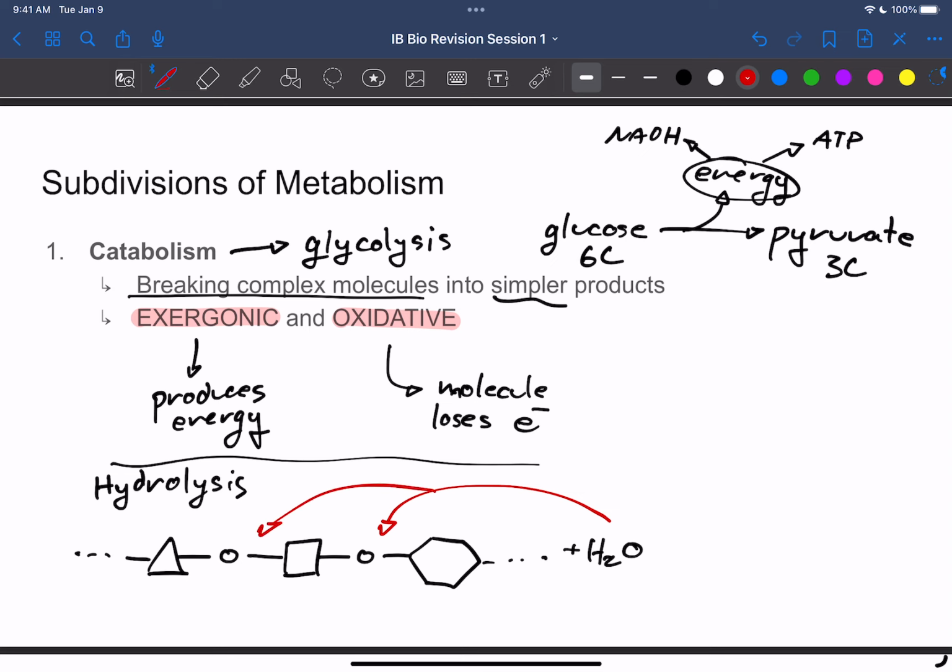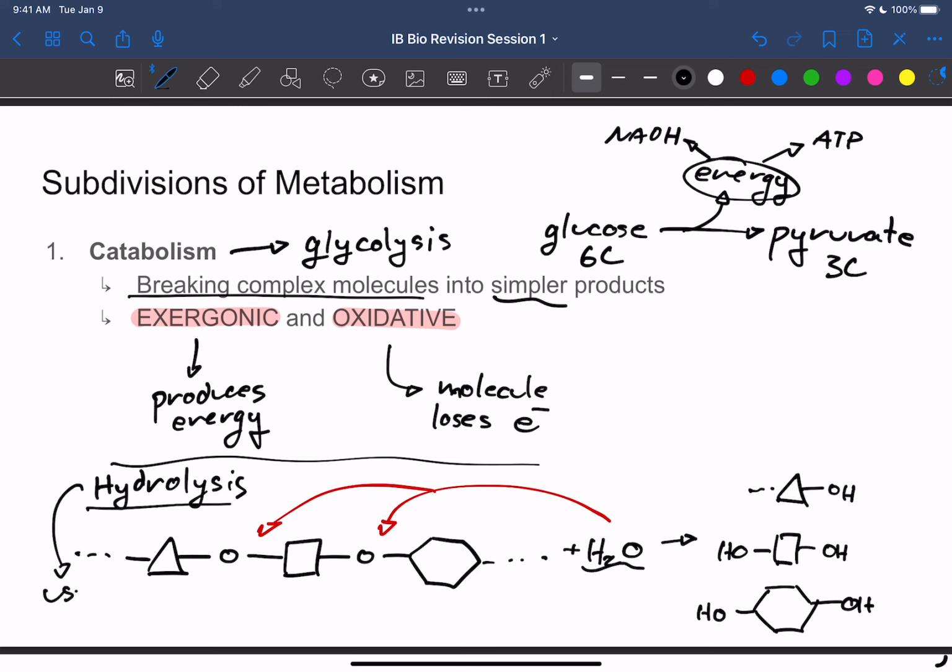And it can also get in between here if you have two. And the result is going to be this. So these shapes are just to show monomers. So hydrolysis, whenever you hear this, you're going to use water. So hydro, water, lysis, breaking, water breaking. So this is a very common reaction you're going to see in catabolism.